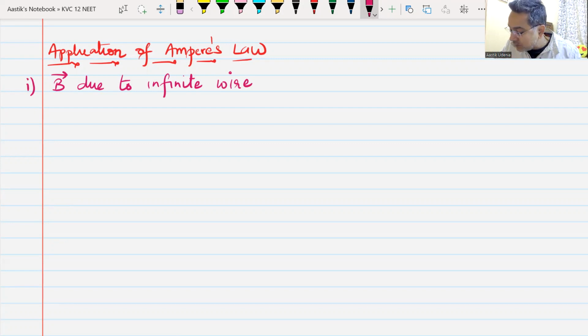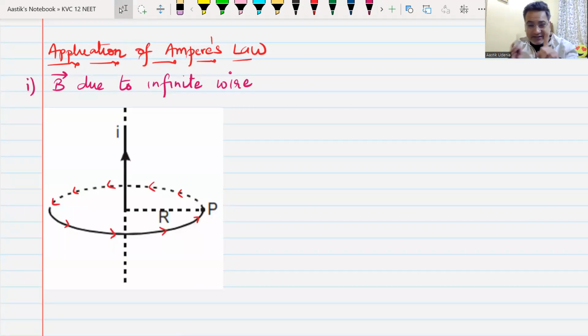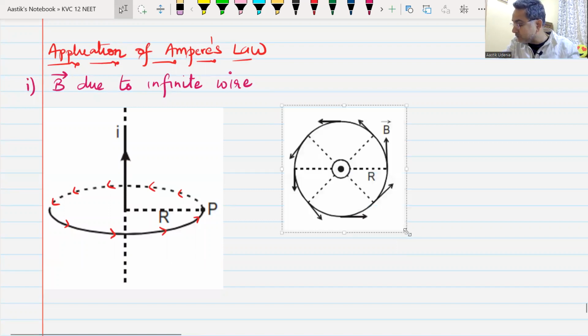That is correct. Up till now, what we were assuming is that the wire is kept like this. So the magnetic field at point P was mu naught I by 2 pi r. But I told you that the magnetic field is moving in circles. Yes or no? Yes, sir. Now we can look at the same wire in a different way. If you look from the top, we call it the top view.